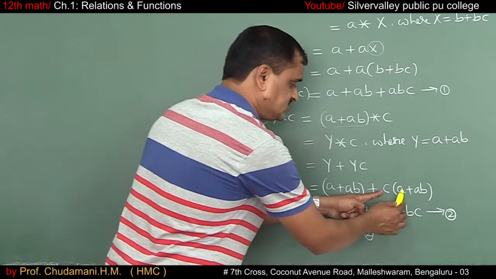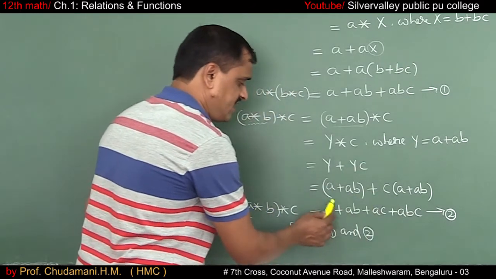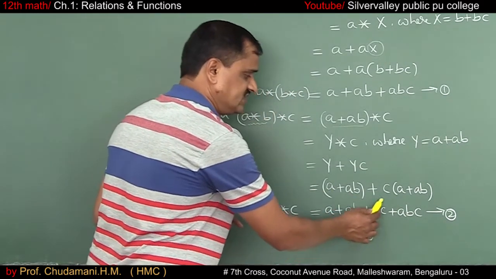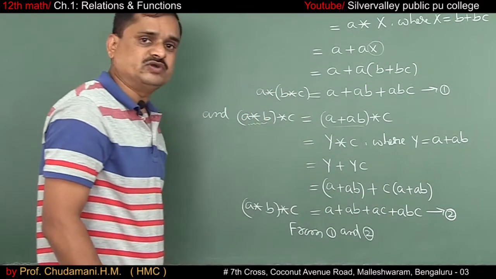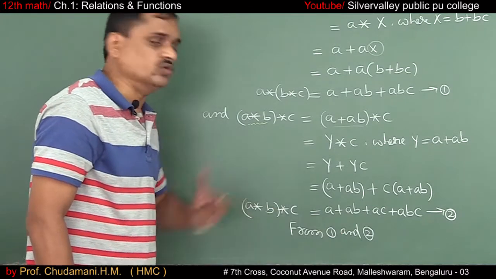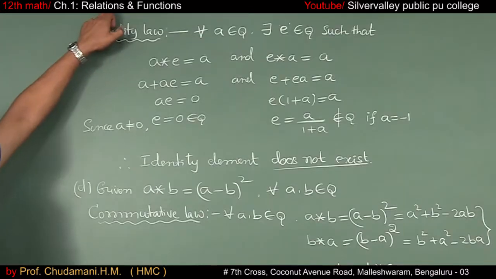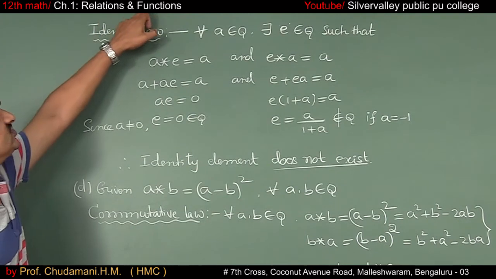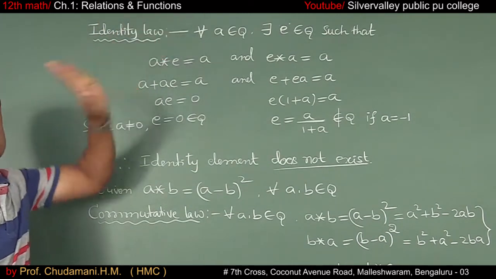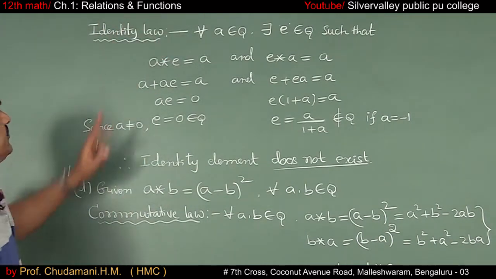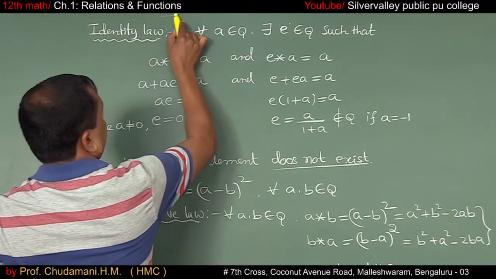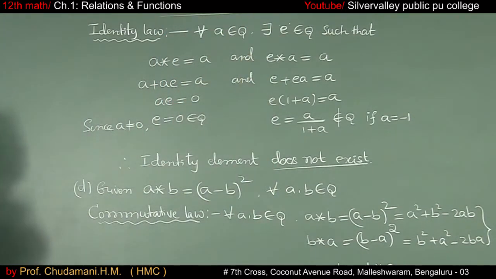So, AC, ABC. So, A plus AB plus AC plus ABC. Say some 2. From 1 and 2, A star (B star C) not equal to (A star B) star C. Therefore, star is not associative. Not associative.